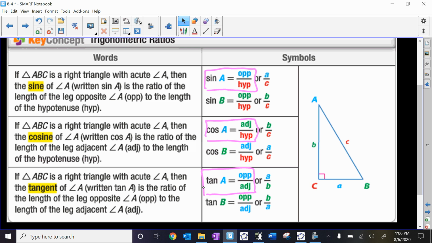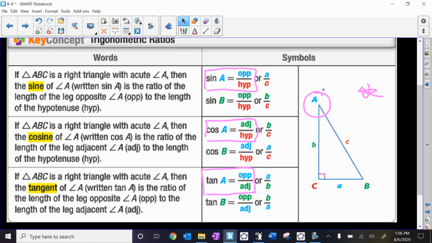Okay? So looking at this triangle off to the right, we can use either acute angle measure. It always is going to go off of the acute angle. So it could be either angle A or angle B, but it will never be the right angle. Okay, we're never going to deal with that. So in this case, if I'm focused on angle A, we have what is called an opposite side, an adjacent side, and the hypotenuse of a right triangle.